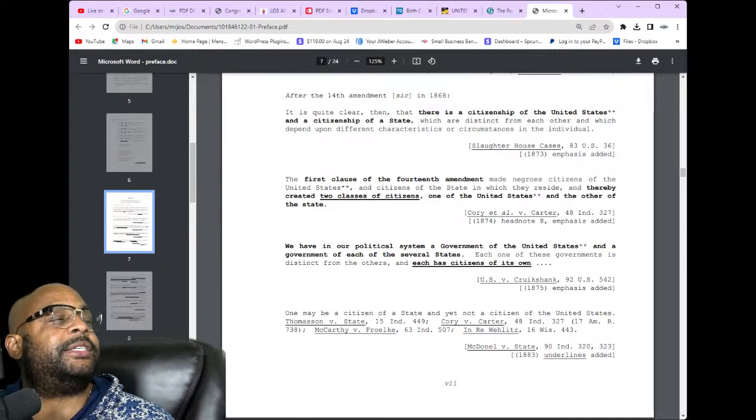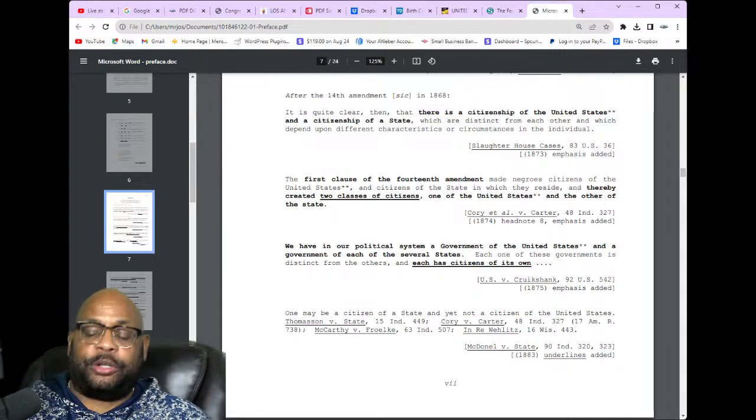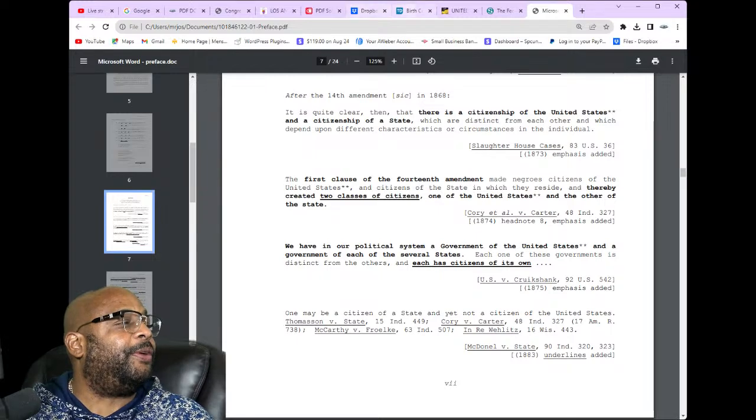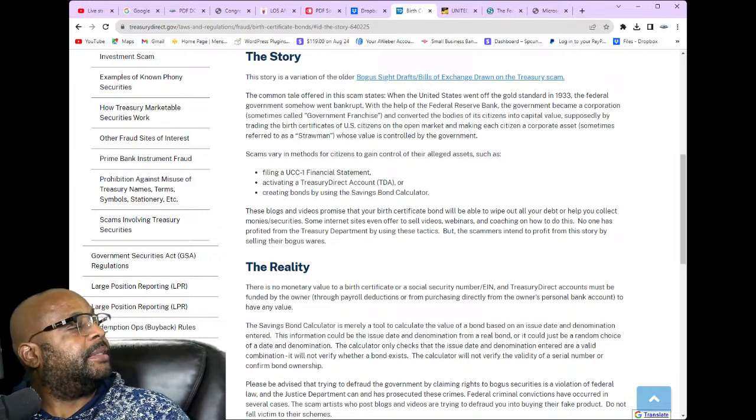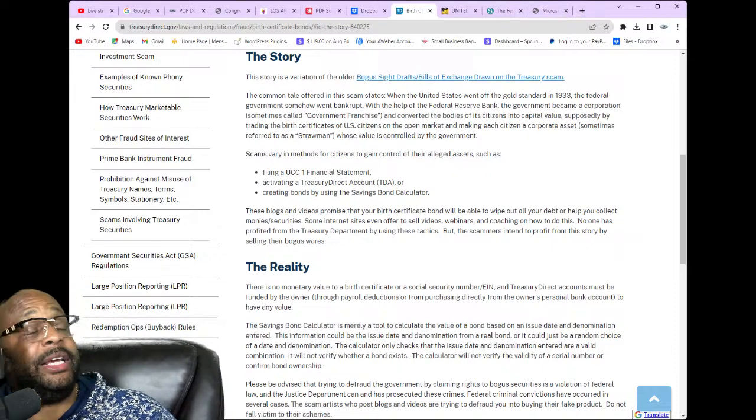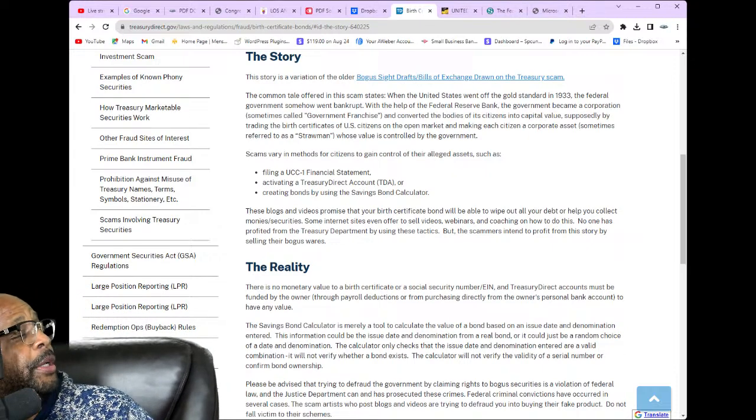Is it a scam? Let me read over here what the Treasury Department was saying again. Let's finish reading this. I'm going to read it without taking a break. "The story is a variation of the older bogus sight drafts, bills of exchange drawn on the Treasury scam.